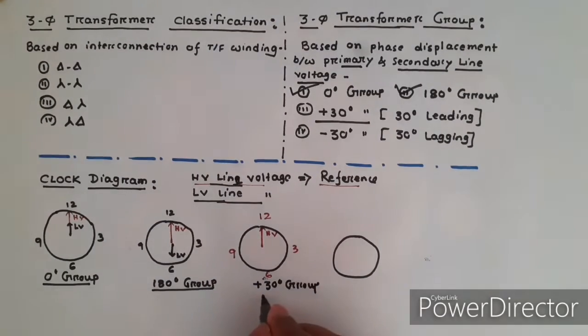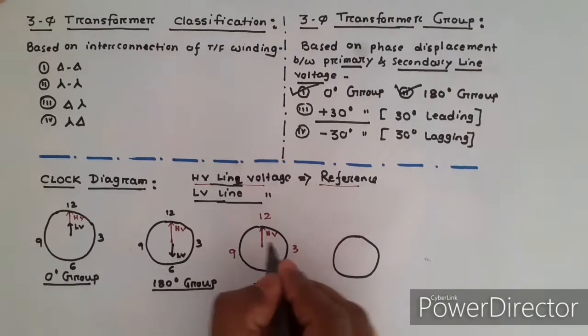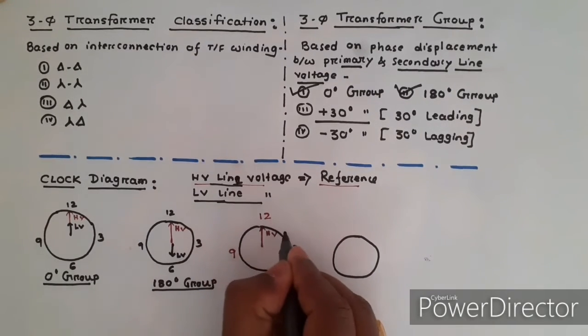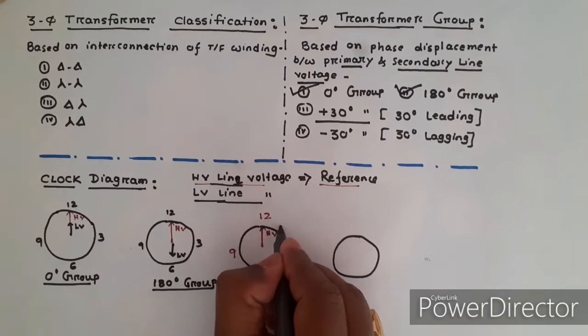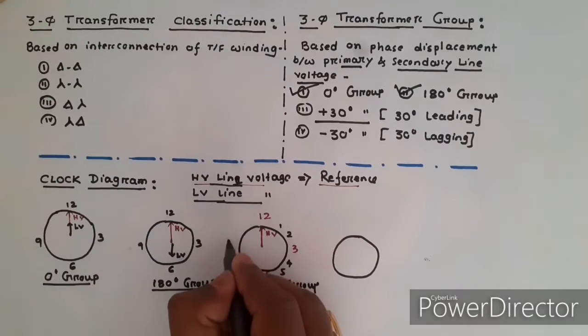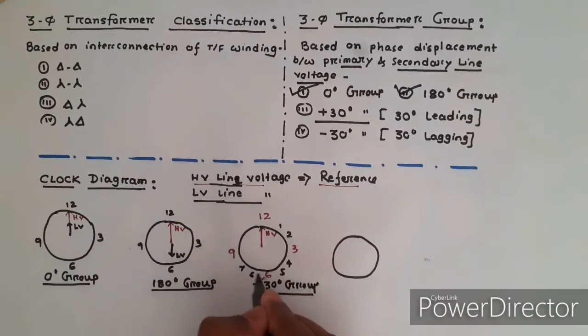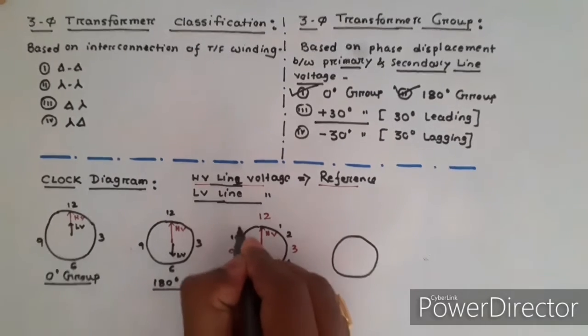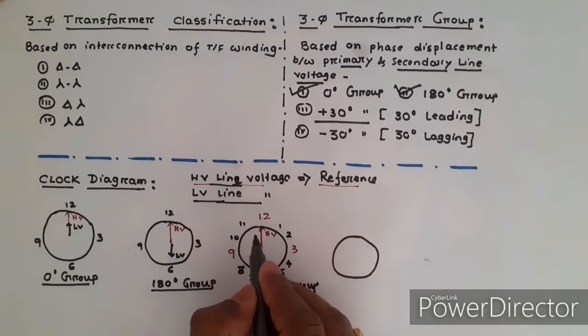And for plus 30 degree group, the LV line voltage is leading HV line voltage by 30 degree. That means this is 12 o'clock, this is 1, 2, 3, 4, 5, 6, 7, 8, 9, 10, 11.